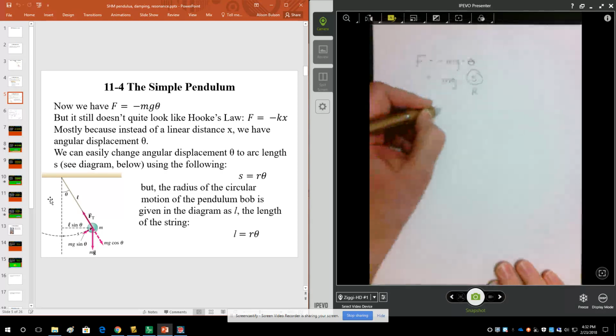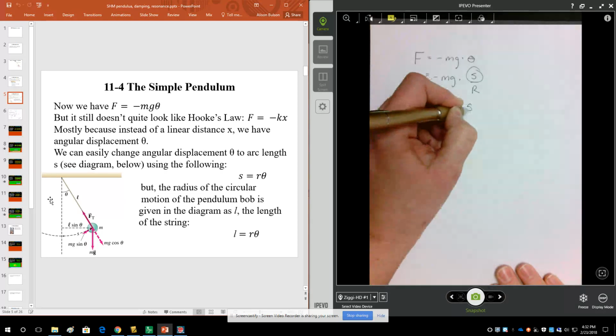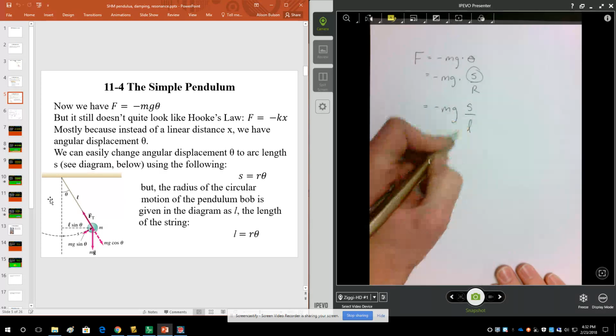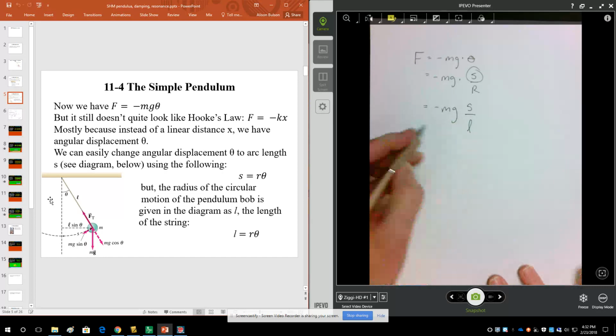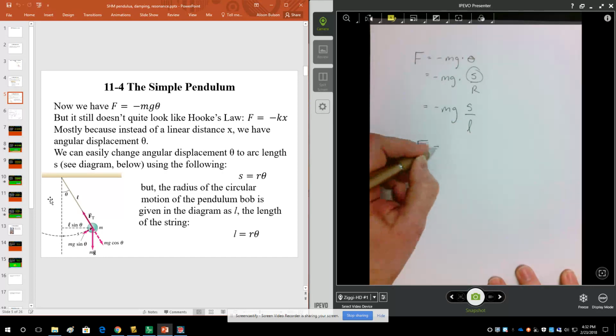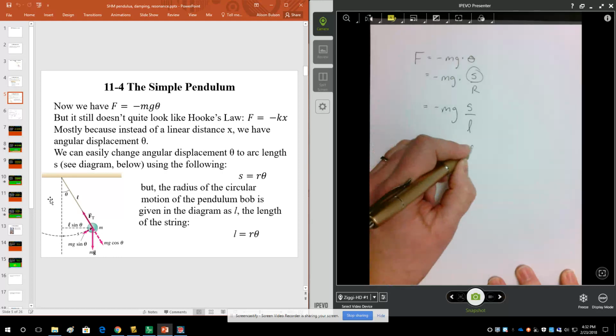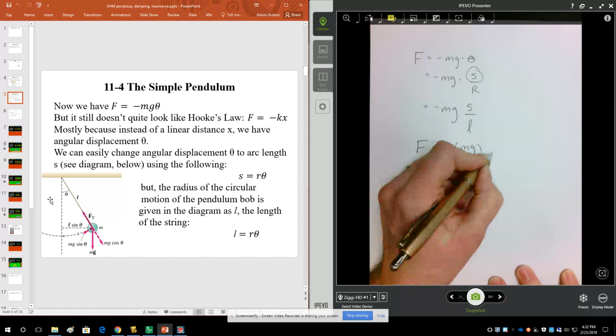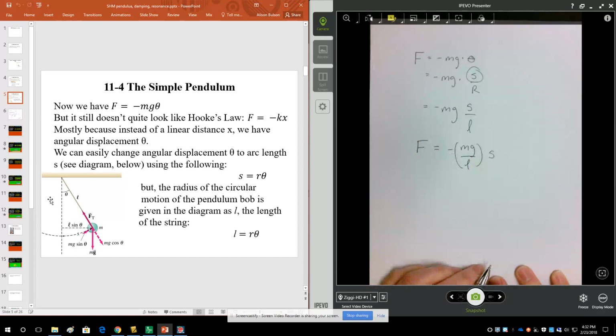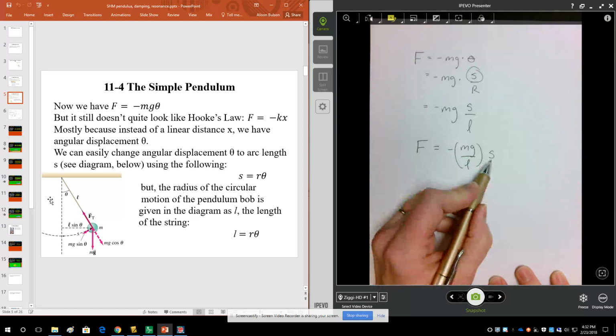Let's rewrite that as negative mg S over L. Now this is the length of the pendulum, which is the length of the radius of curvature. So we can now write our force as negative mg over L, which are things that are constant as the pendulum moves back and forth, times where it is in its circular path. This is equivalent to x.